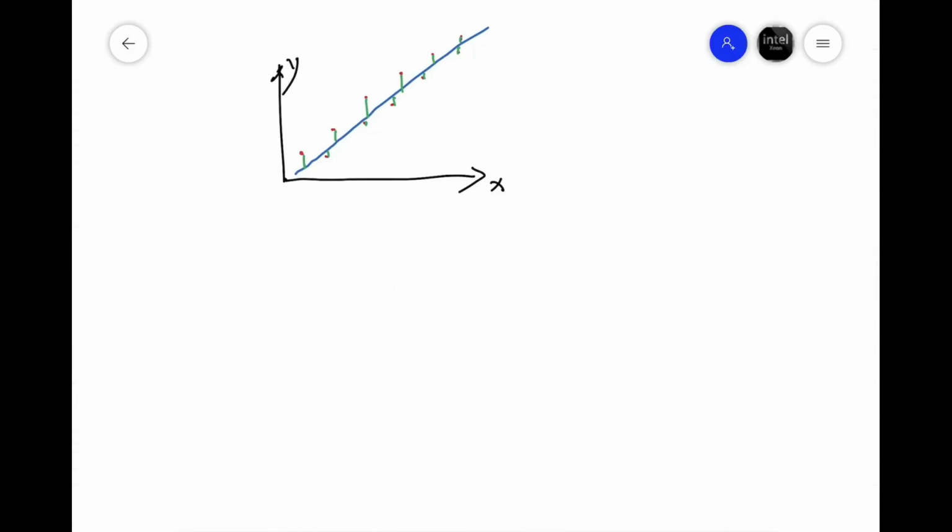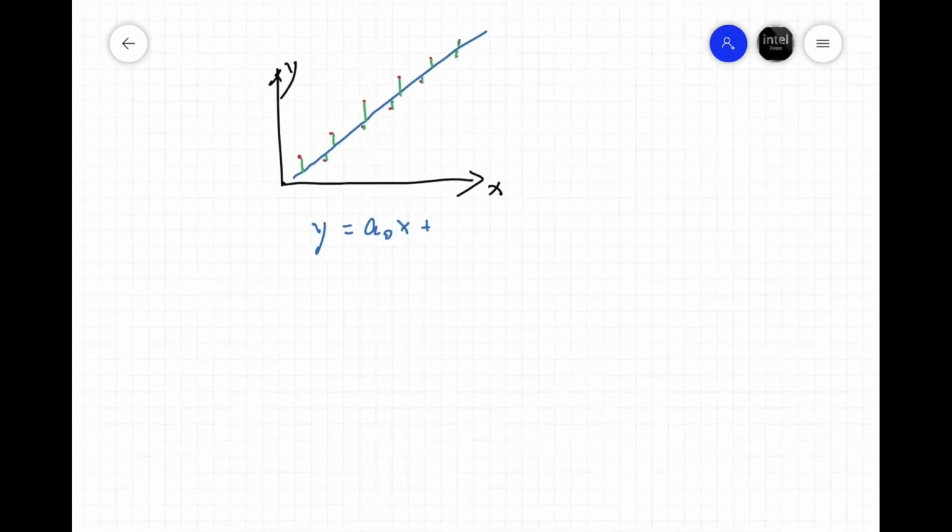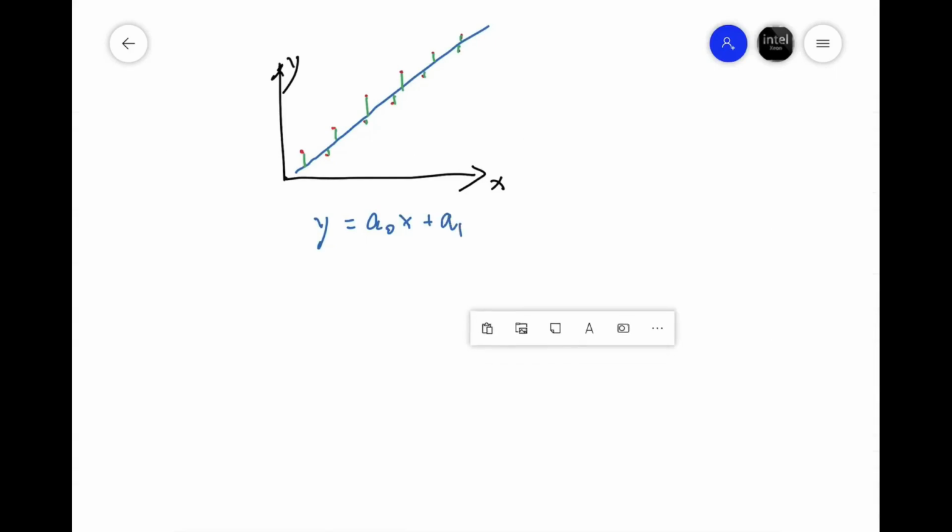Let's formulate it. So the line can be written in the following term: y equals a0 x plus a1. And if we plug in one of the points into this equation, but let's first define the points.